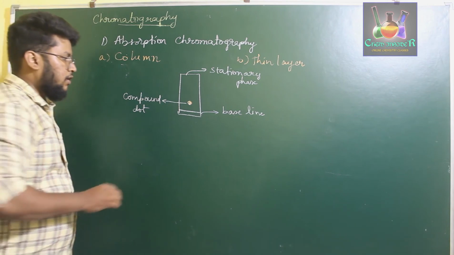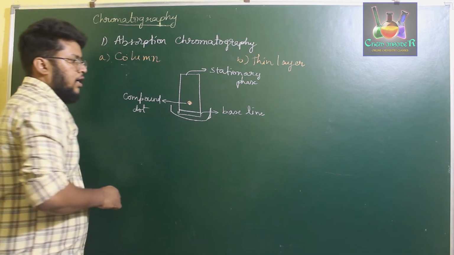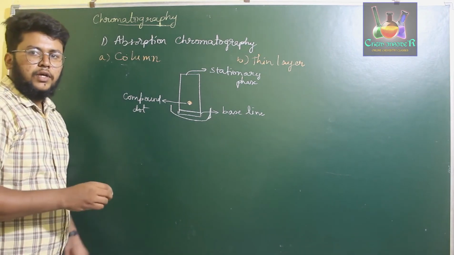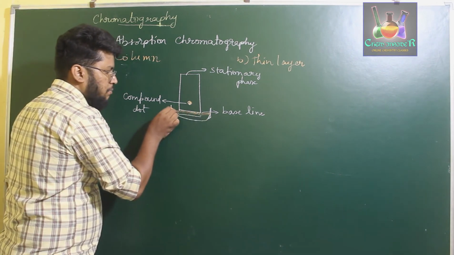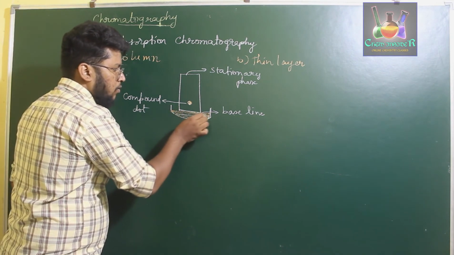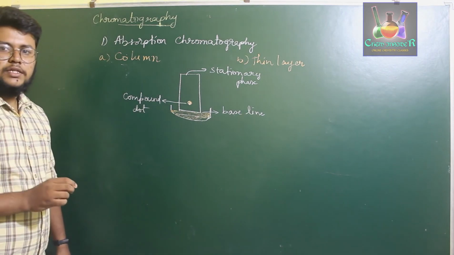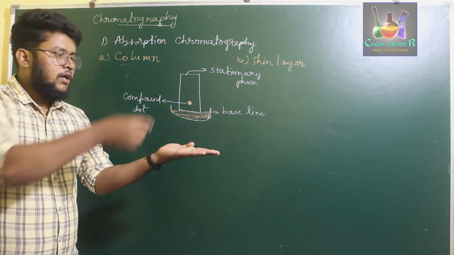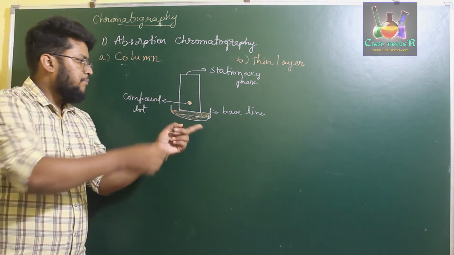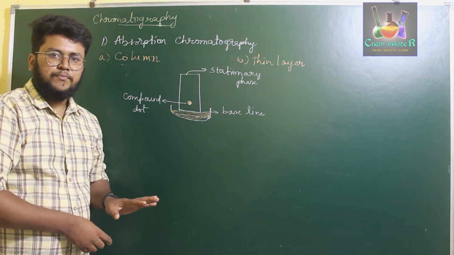For example, if you consider this as the container, we fill the mobile phase solution inside it in such a way that it is just touching the baseline. So we place the strip in such a way that the baseline is just touching the solution.